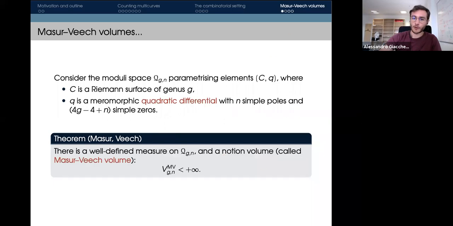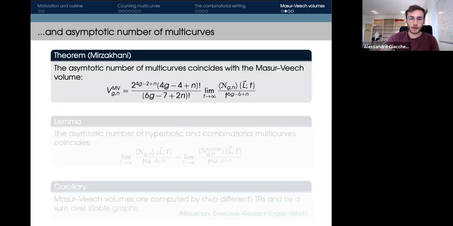Here I'm just considering the Masur-Veech volume of the principal stratum. But the connection with what I said before is a result by Mirzakhani. She was able to prove that the asymptotic number of multicurves gives exactly the Masur-Veech volumes.